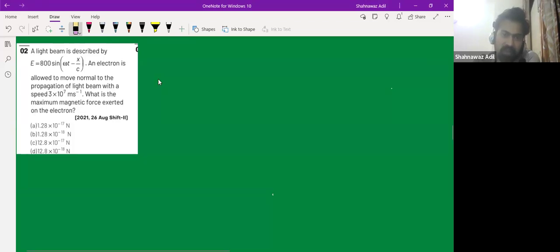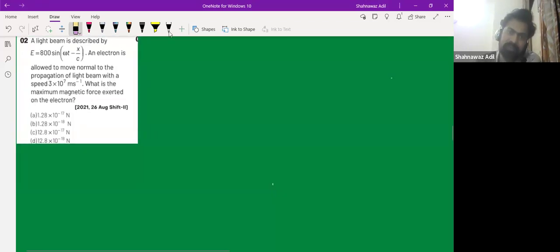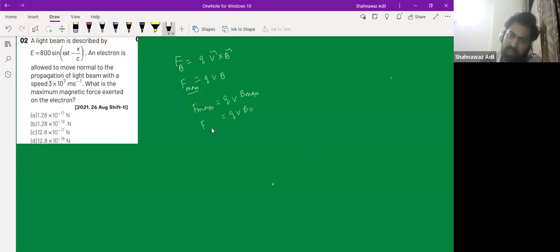So we have to find the maximum magnetic force, F B, Q V cross B. The maximum of this would be simply Q V B max. B max is simply B naught.